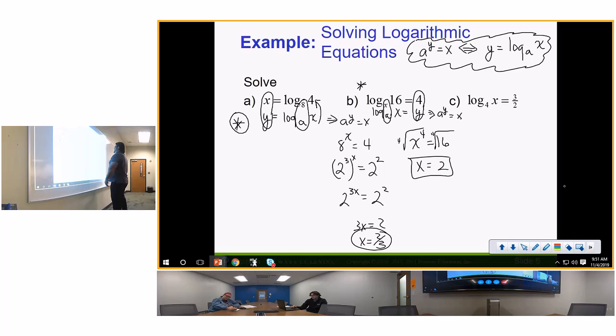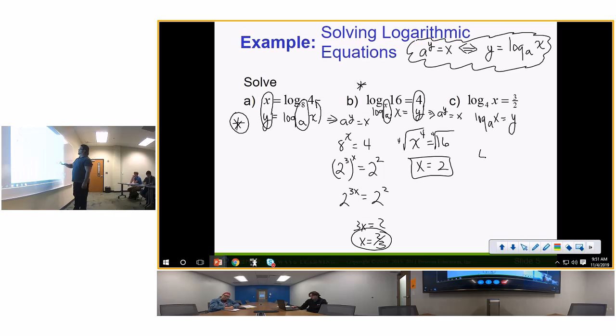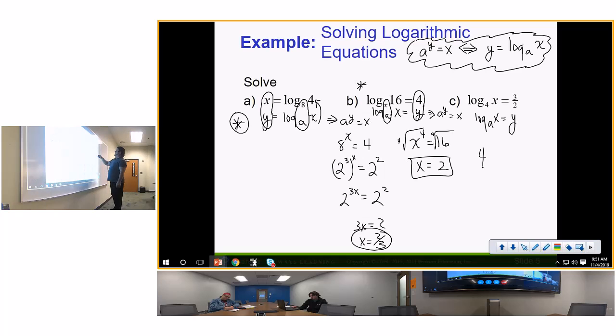All right. So here we go. Log base a of x is equal to y. So that's going to give me, what's my base? My base is what? 4 to the y. What's my y? 3 halves is equal to x.